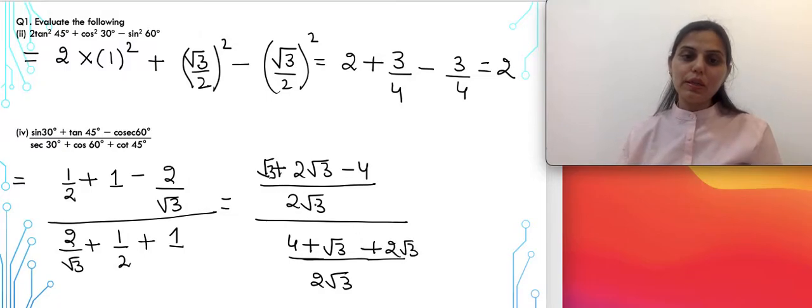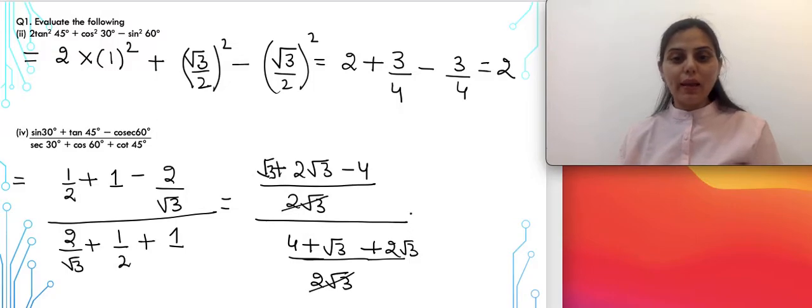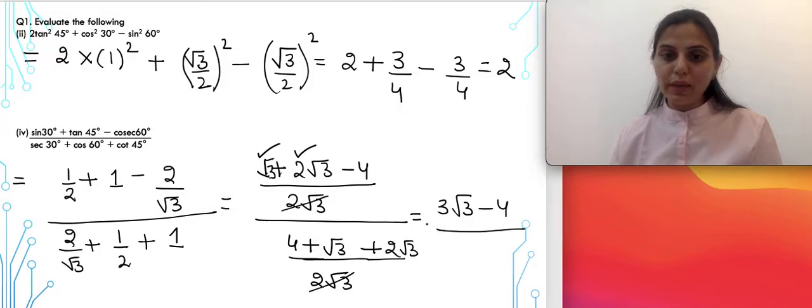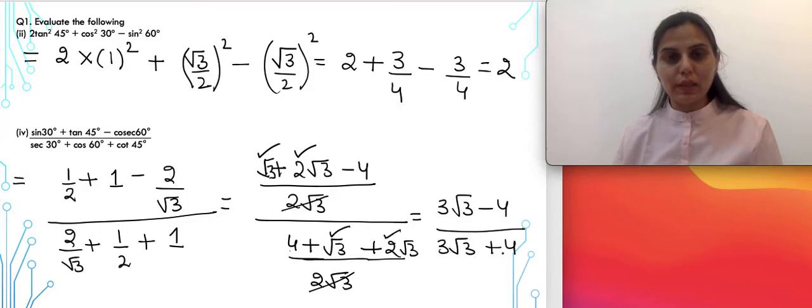Now here if you see the terms clearly, 2 root 3 and 2 root 3 can be cancelled and the terms will become, now 1 root 3 plus 2 root 3 will become 3 root 3 minus 4, whole divided by, when you solve the denominator part, 1 root 3 plus 2 root 3 will become 3 root 3 and along with that you have plus 4 in this case.